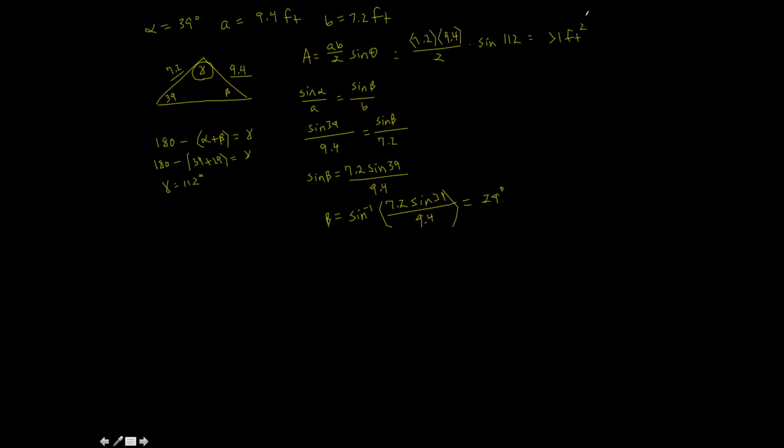Okay, so now, why did I choose beta first instead of trying to just go straight? I could have tried to use the law of sines here, just like I did here. I could have tried to use it to solve for gamma first, but I didn't have side C. And number two, I already knew alpha was this.